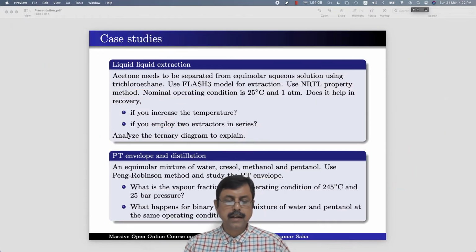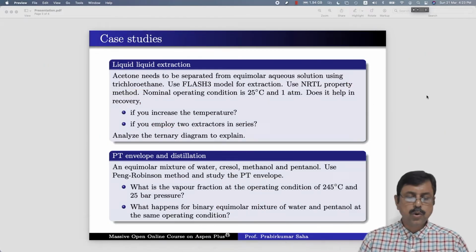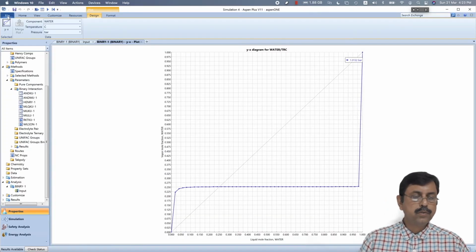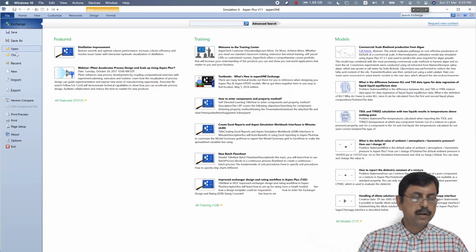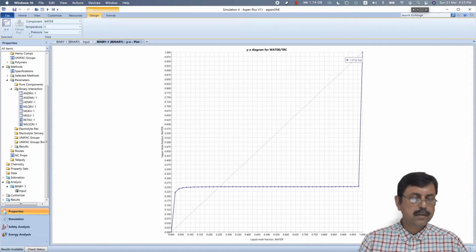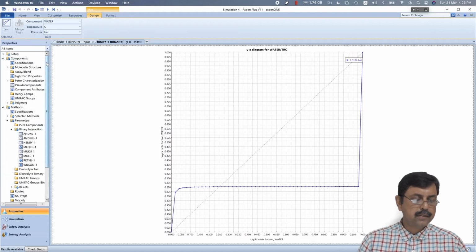So for that, let us go to our Aspen simulation window. We won't open a new simulation window, we will use this one only, because we have to just add one component, that is acetone.